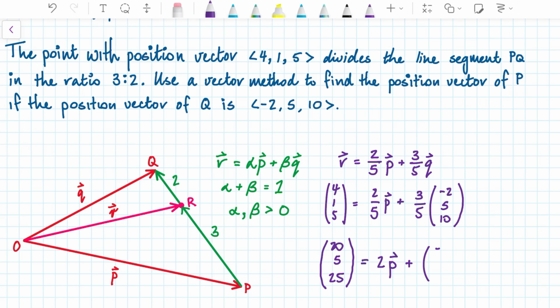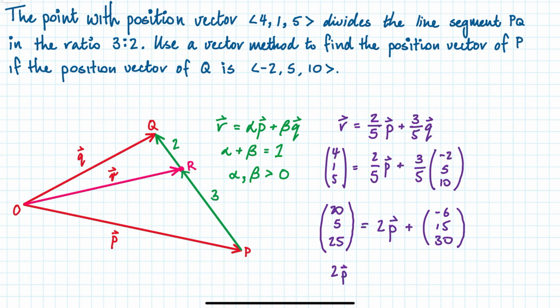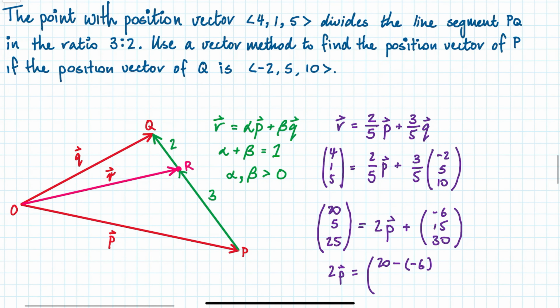So 3Q is (-6, 15, 30). From here, I'm going to take the 3 times the position vector of Q to the left-hand side of the equality, and we're going to have 2 times the position vector of P, which we're looking for, equal to 20 take -6, 5 take 15, and 25 subtract 30, giving us (26, -10, -5).